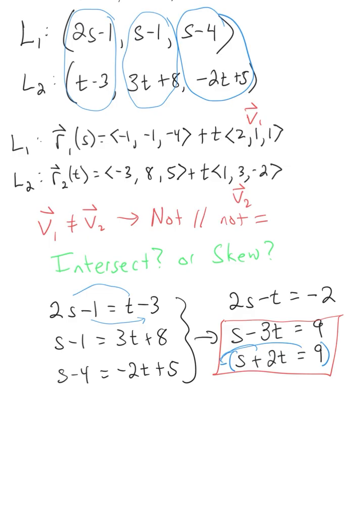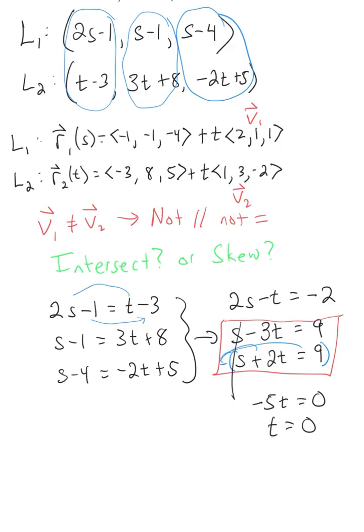So s minus s would be eliminated. Then negative 3t, now distribute the negative, minus 2t, that would be negative 5t. And then 9 minus 9 equals 0. So t equals 0. All right, so we found a t that could possibly be a solution.